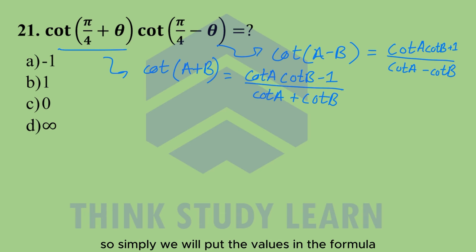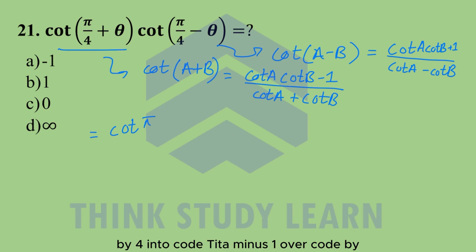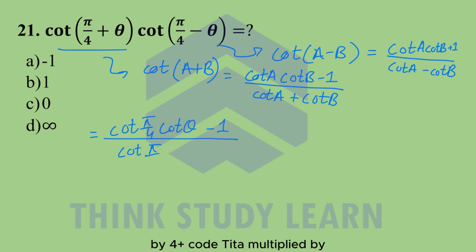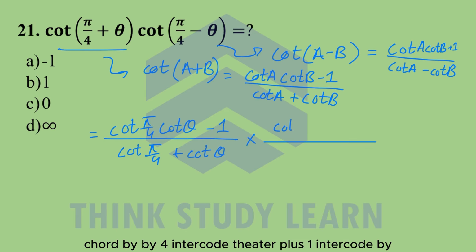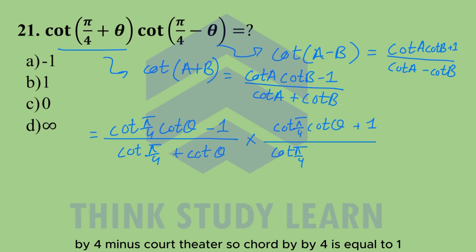So simply we will put the values in the formula and multiply both of them. Putting values, cot pi by 4 into cot theta minus 1 over cot pi by 4 plus cot theta multiplied by cot pi by 4 into cot theta plus 1 over cot pi by 4 minus cot theta.